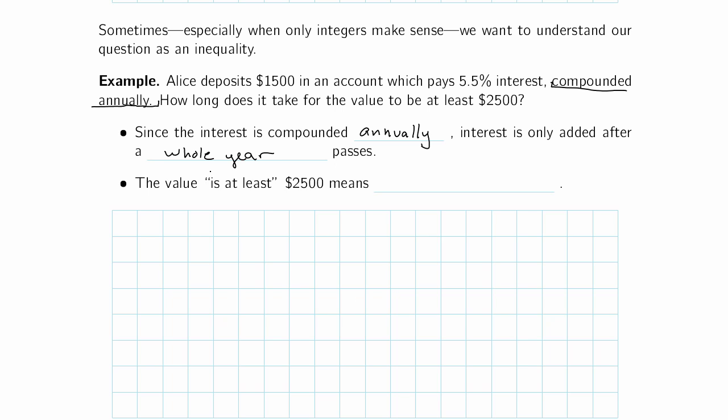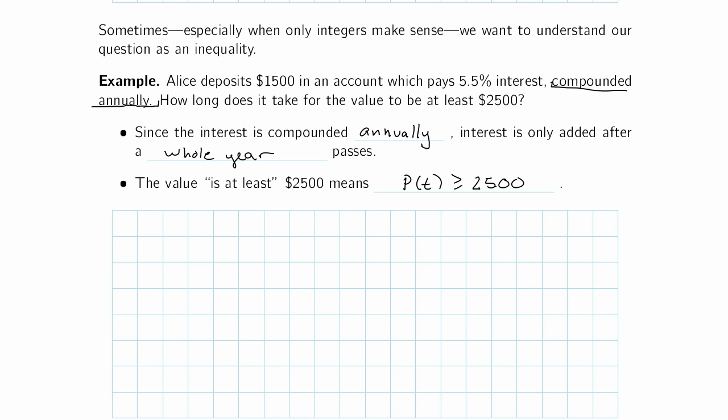Is at least 2,500 means the value, which this is compound interest, we're going to call it P for principal, P of t is greater than or equal to 2,500. Right, if we have $7,000, that's okay. But if we have 2,400, that's no good.